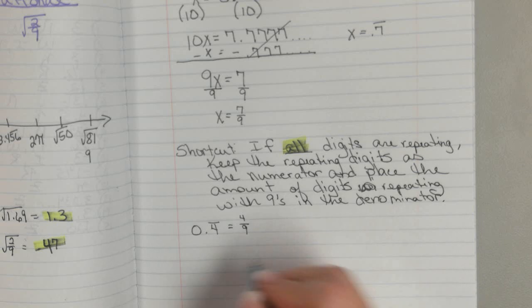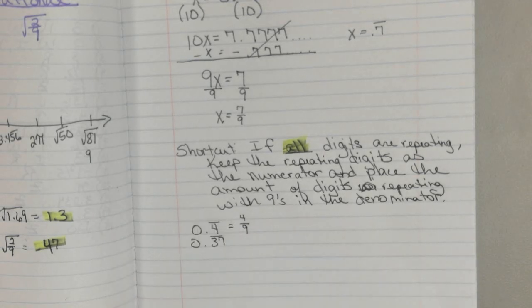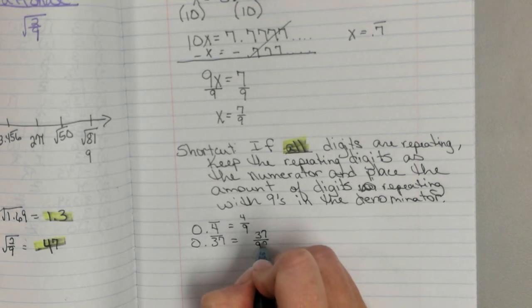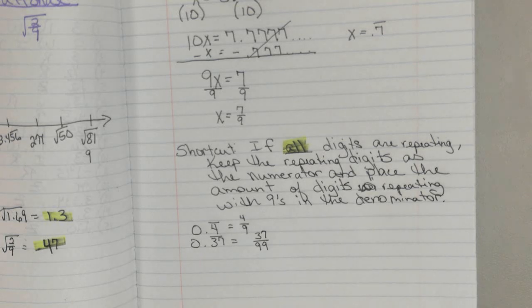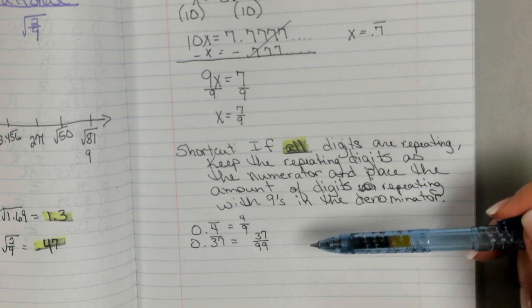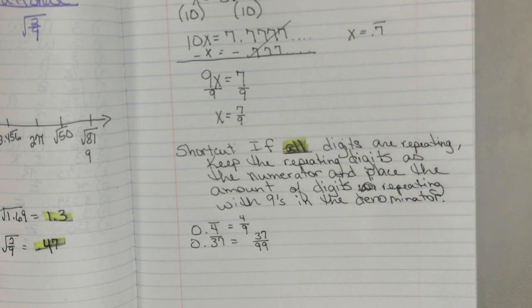If I had 2 digits repeating, 0.3700 repeating, 2 digits are repeating, so I put 2 9s on the bottom. Now, I could go through the process just like we did up here, and I would come out to the same answer. So this is your shortcut, but you can look back and see why it works.